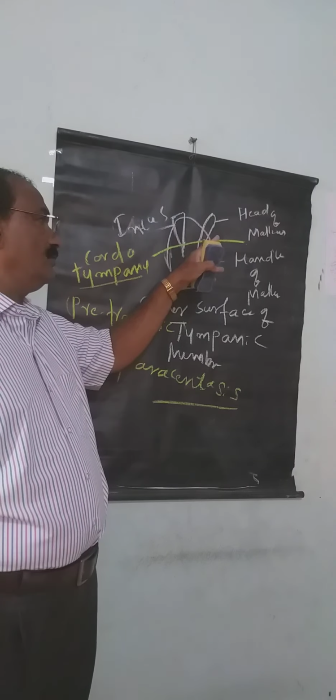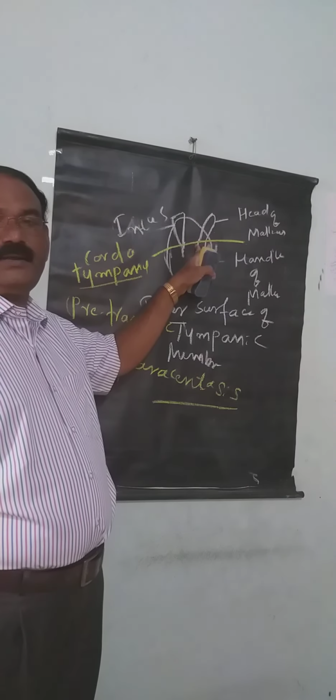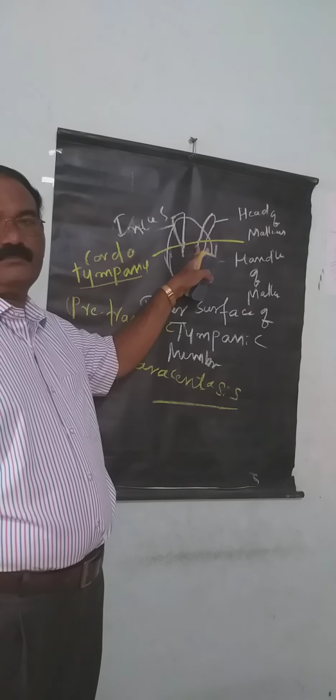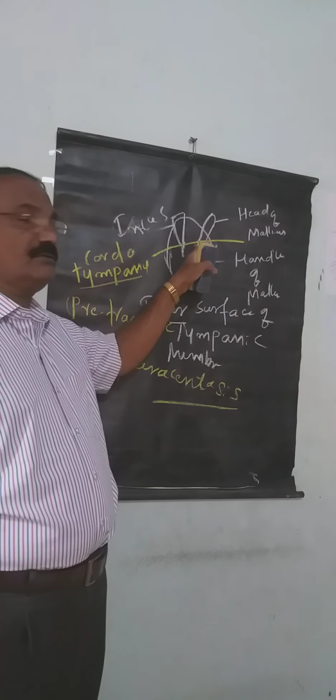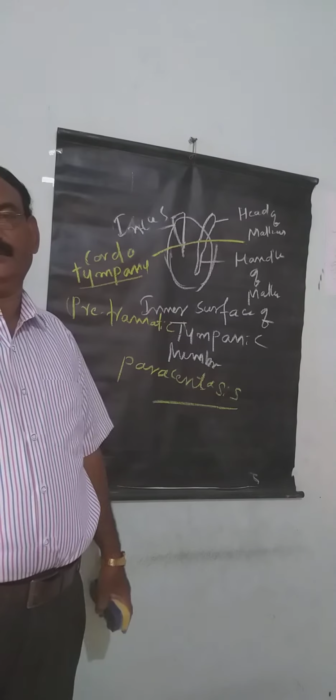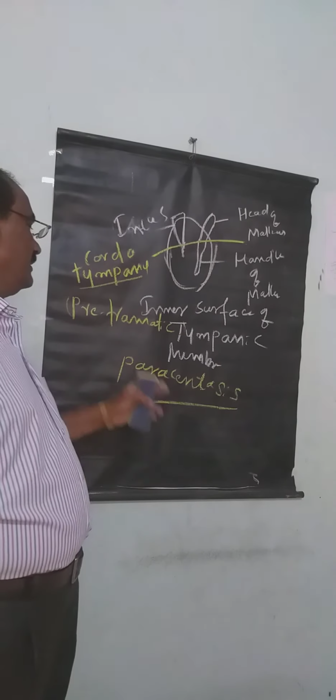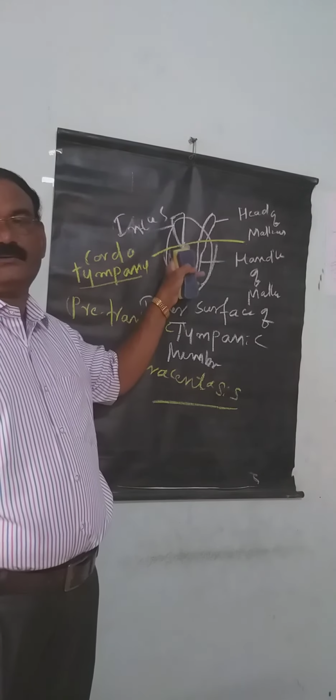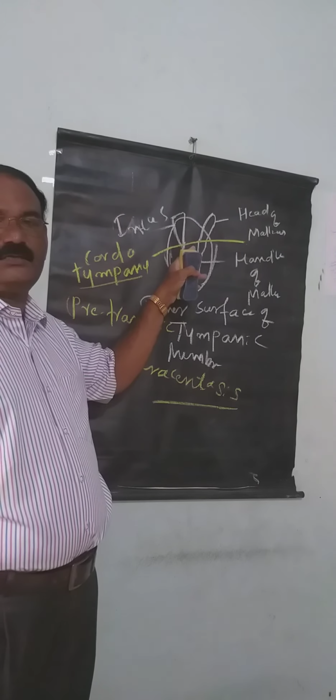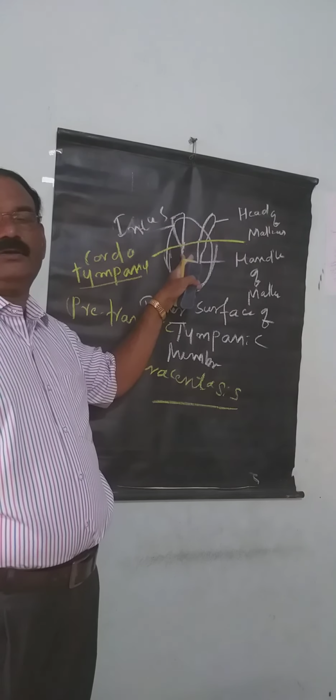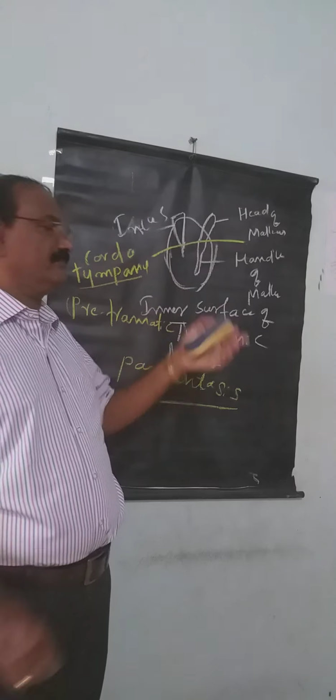During this, he should know that the chorda tympani nerve is crossing here. Otherwise he is going to injure the chorda tympani nerve. This knowledge of anatomy must be known to the ENT surgeon.